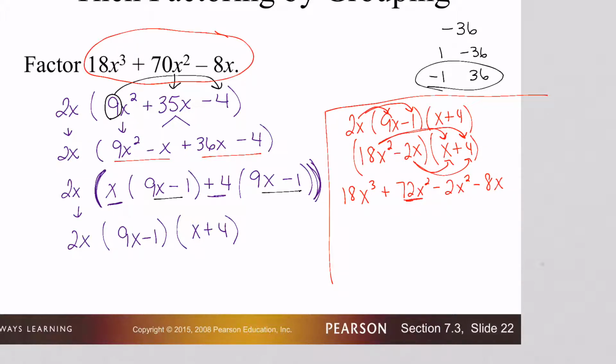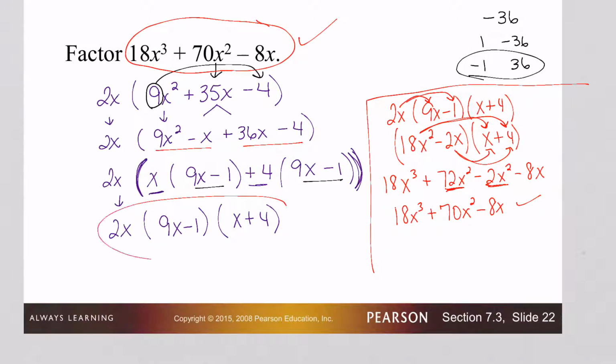So now our like terms are here and here. So I've got 18x cubed plus 70x squared minus 8x. And since that matches this, I know that this is my factored form.